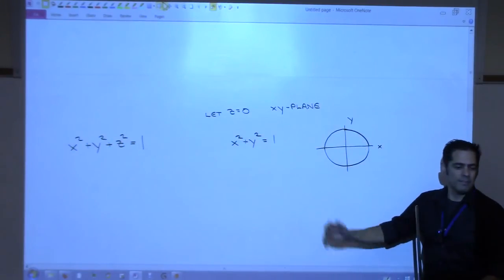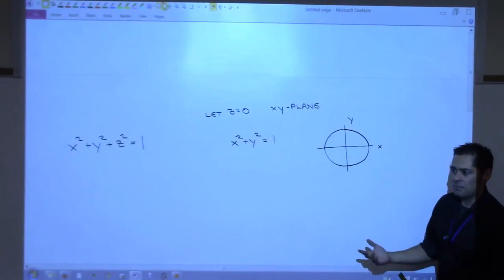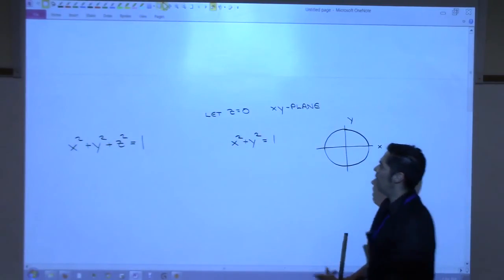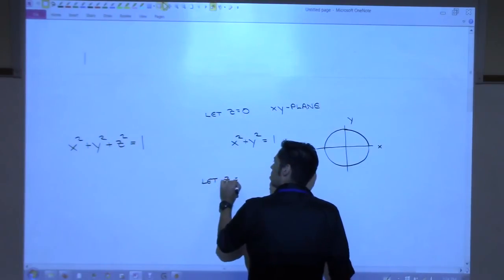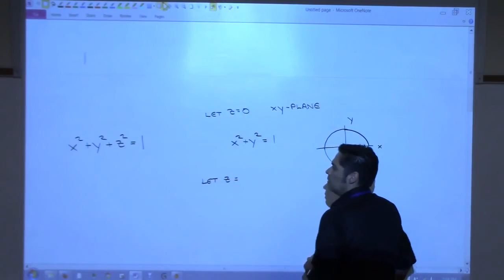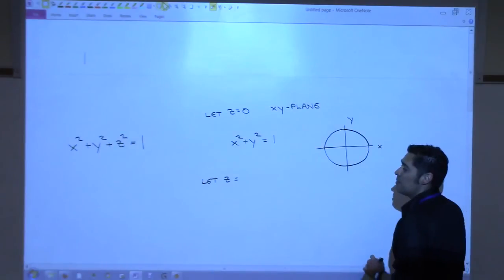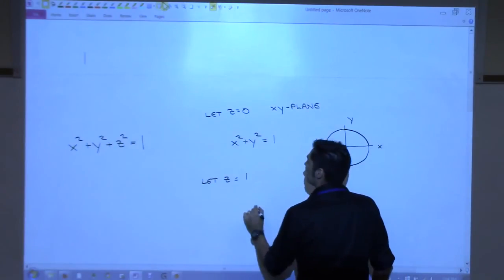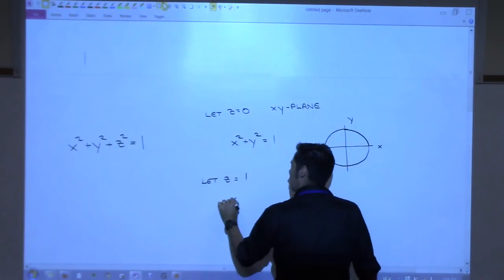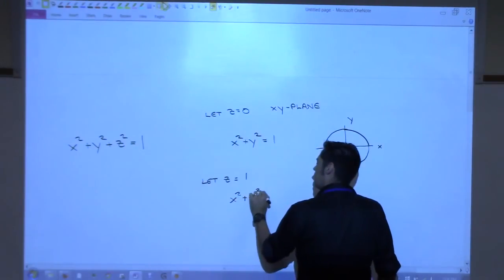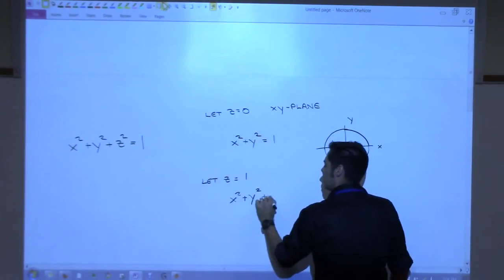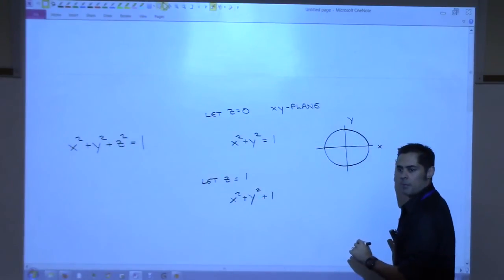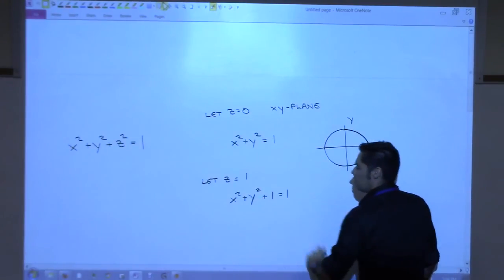Now what I'd like to do is move up a little bit and look at another slice. So let's change z. What would happen if I change z? Let's let z be 1, just to see what happens. What would we get? X squared plus y squared, z is 1, so 1 squared is 1, equals 1.